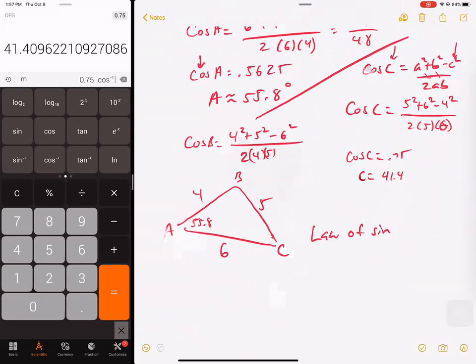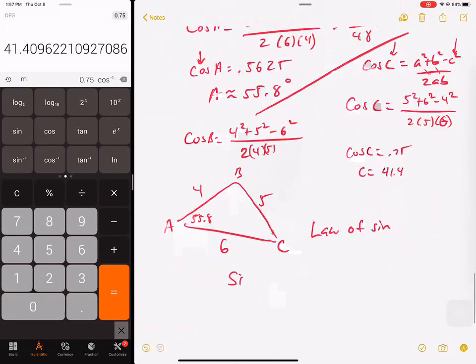If I have to choose between 4 or 6, 4 is smaller. Let's do C. That guarantees I'm not going to get a wrong answer. So here we go. Sine of C over 4 is equal to, look, we have a pair now, sine of 55.8 over 5. Let's see if we get the same answer.